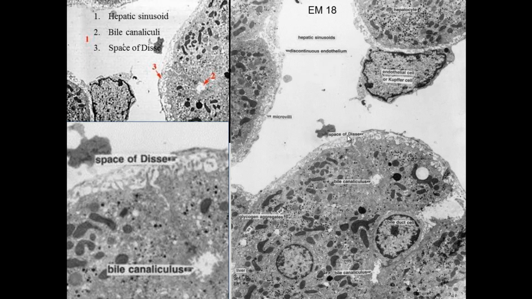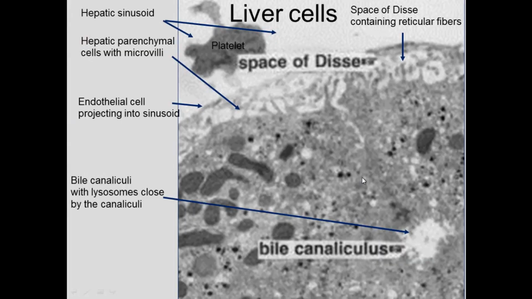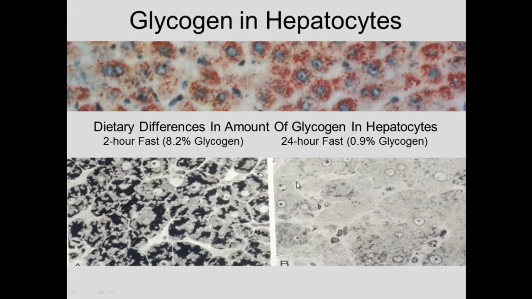This is sinusoidal type, so you've got gaping holes within the endothelial cells that allow fluid to bathe the hepatocyte, but it's kept separate from the contents of the bile canaliculus. And here we can see this is the hepatic sinus right in there. There's a platelet going through, and then there's a space of Disse, and these are the endothelial cells, and this is the bile canaliculus and hepatocytes, as we could see.